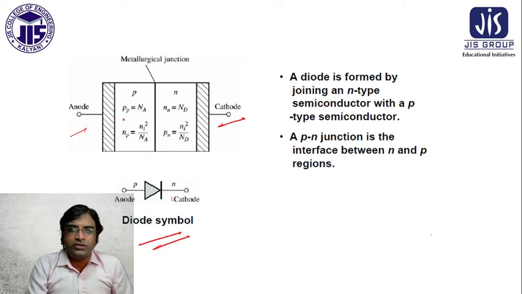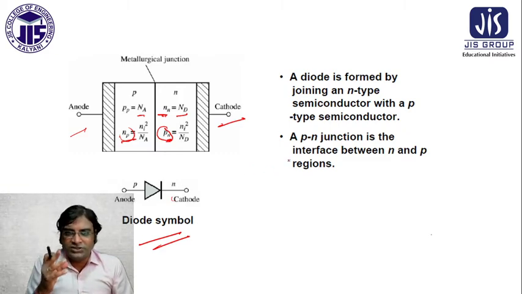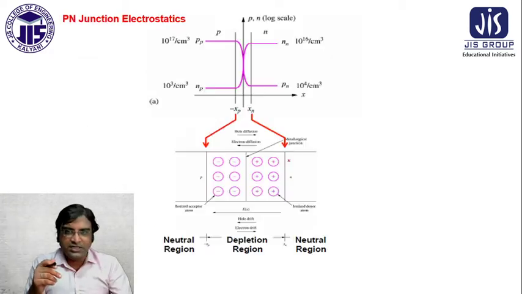Here p is representing Na, and n is representing Nd, and np is representing ni squared by Na. So this is a representation of the amount of charge and carrier concentration here.